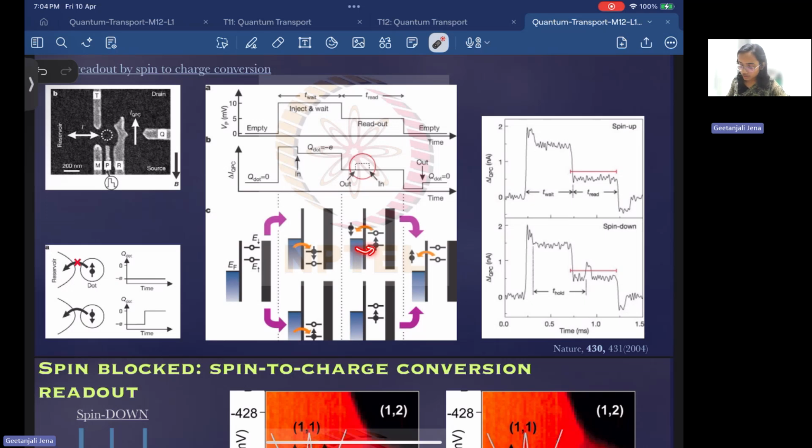Because of this electron tunneling into the quantum dot, as we have seen earlier, whenever there is a tunneling event, there will be a change in the current in the QPC. And because the electron is now tunneling into this quantum dot, the current in the circuit will now decrease. So that is why we'll see a drop in this current, in this delta I QPC.